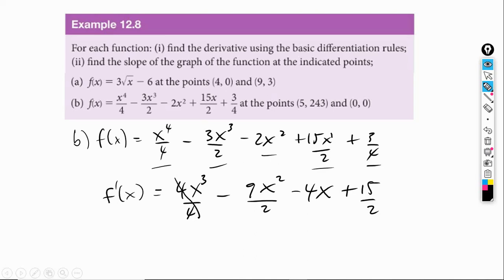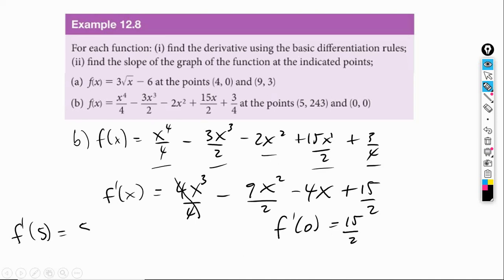the slopes at (5, 243) and at (0, 0). I'm going to do (0, 0) because it's easier. And notice that for (0, 0), just plug in 0 and we're going to get 15/2. Now over here, let's do the other one for 5. So for 5, we have to plug in 5 just like we would do in a normal function, right?